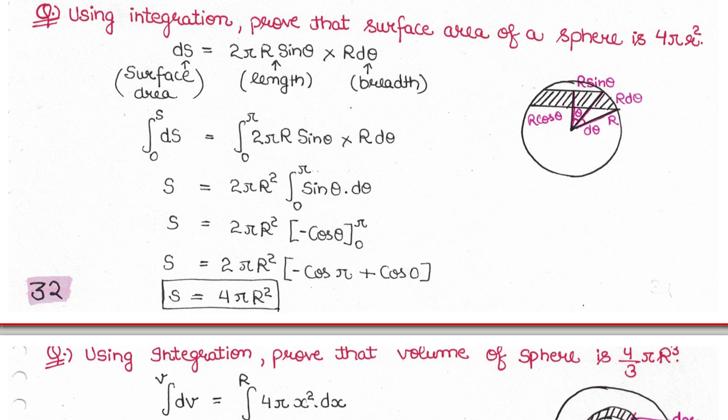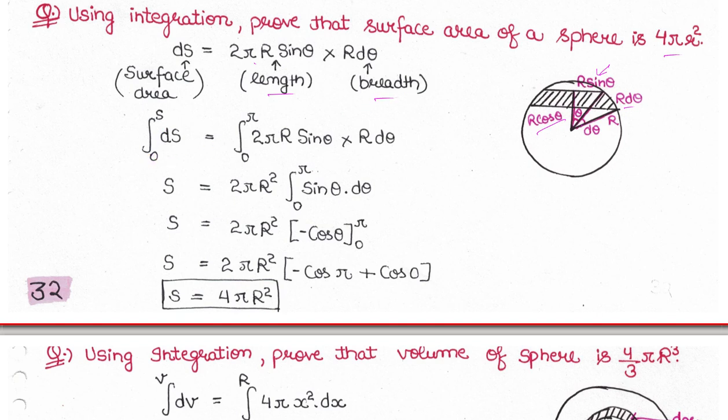Similarly, we can prove the surface area of a sphere is 4 pi r square. Here this is the radius r, this is the angle theta, this is the small angle d theta, so you can write this is r d theta, and if we take this as r cos theta or this as r sin theta, we can write dS, which is the surface area, is equal to 2 pi r sin theta, which is length, and r d theta, which is breadth.